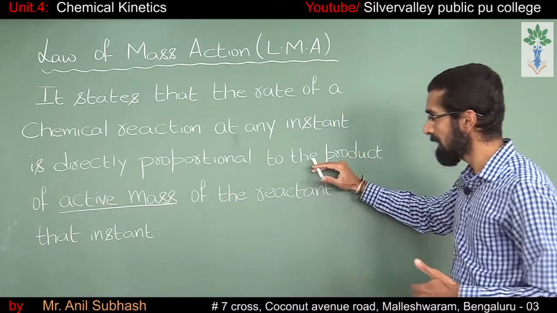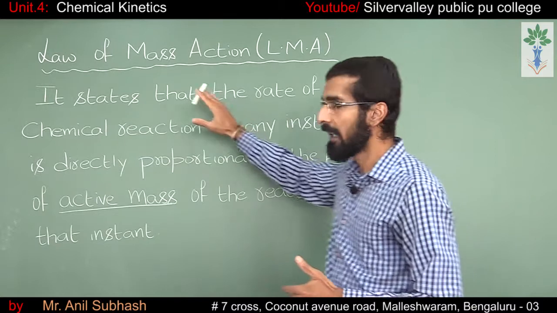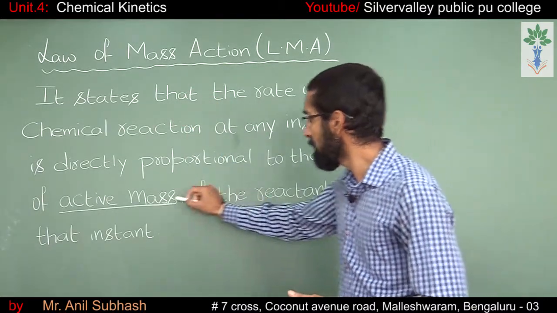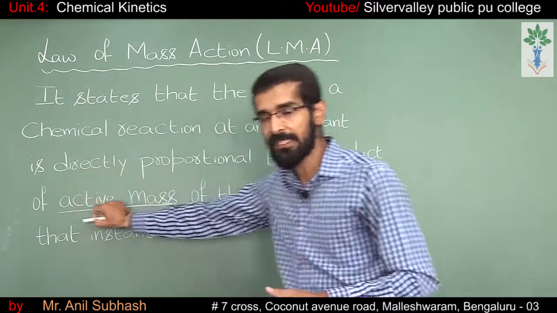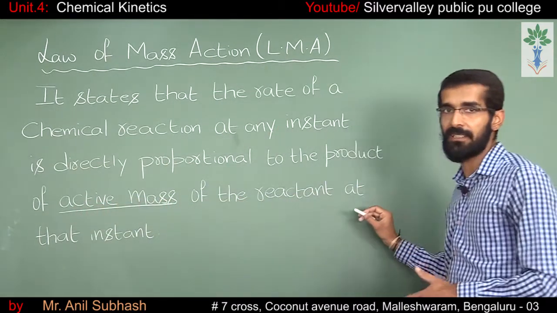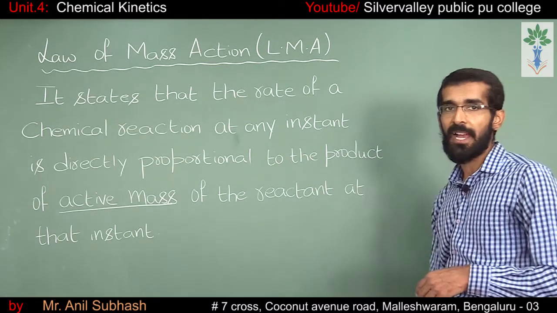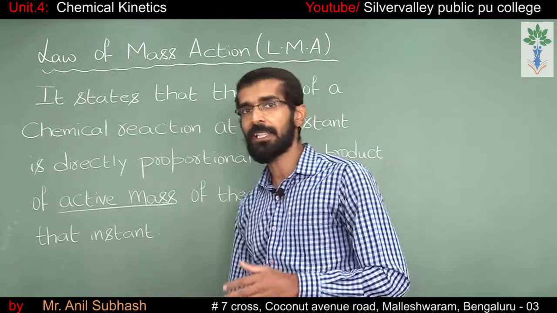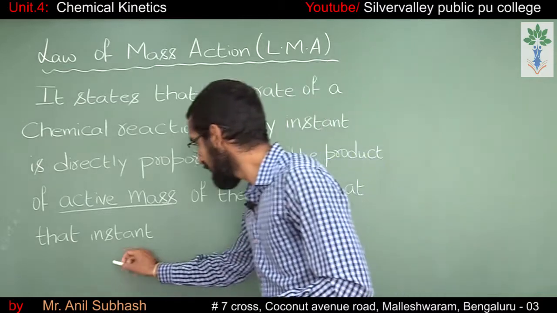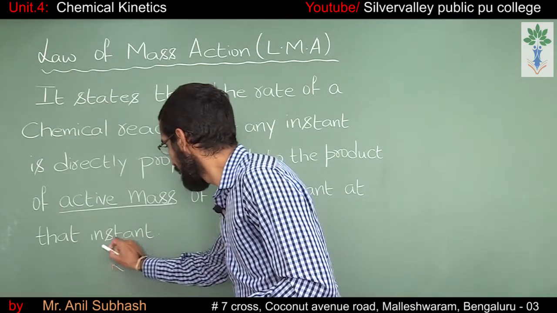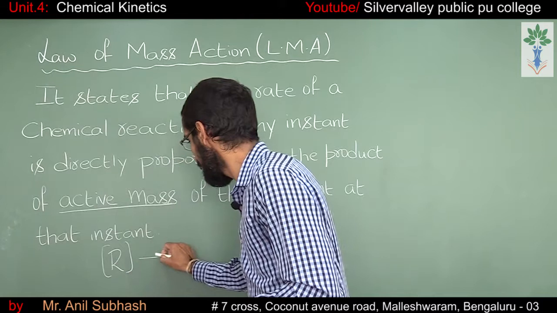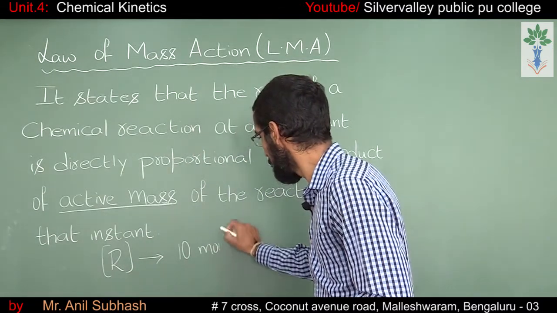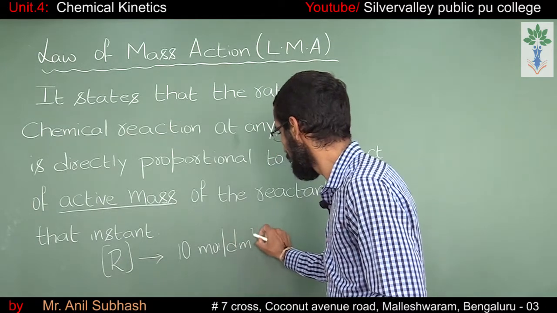What does this law say? It says that the rate of a chemical reaction at any instant of time depends upon the active mass of the reactant. What do you mean by active mass? Let us consider we have started a chemical reaction with the concentration of the reactant, say 10 mole per dm cube.